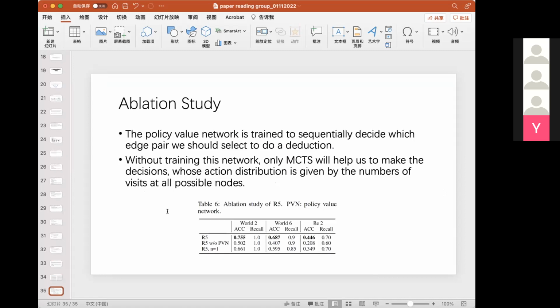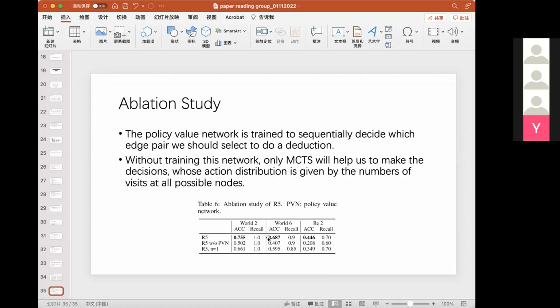They also provide an ablation study to investigate the performance of the policy value network. The idea here is that, without training with the policy value network, they ask only the MCTS to make the decision, and the action distribution is given by the number of visits at all possible nodes.